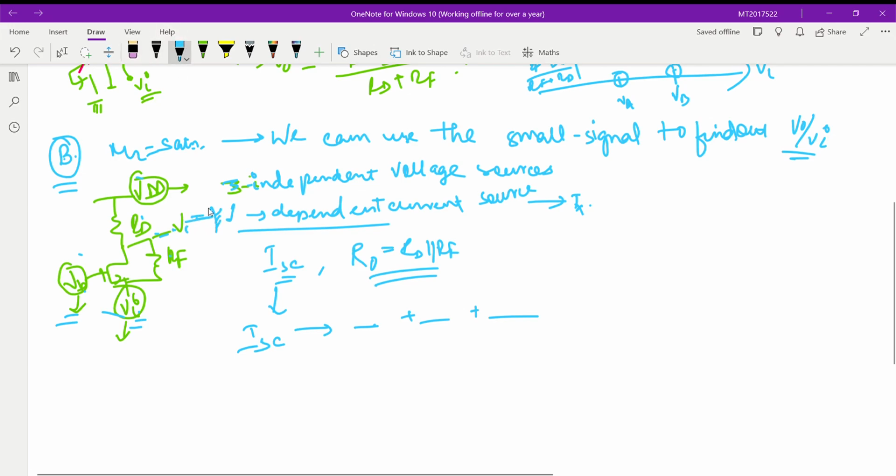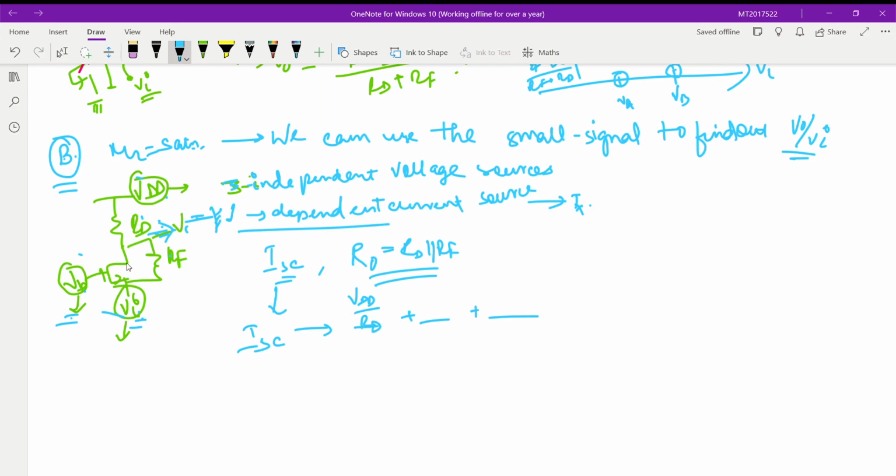To find I short circuit, we'll first turn off VB and VI, keep VDD. So the current flowing out from this is nothing but VDD by RD, right?